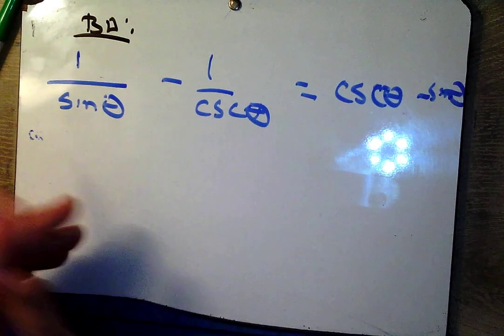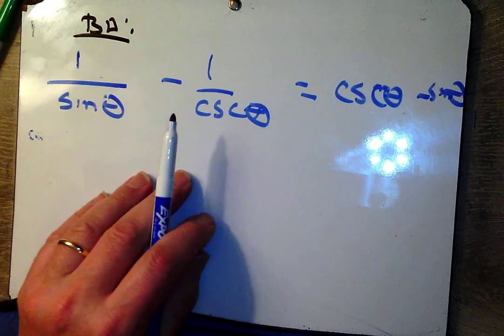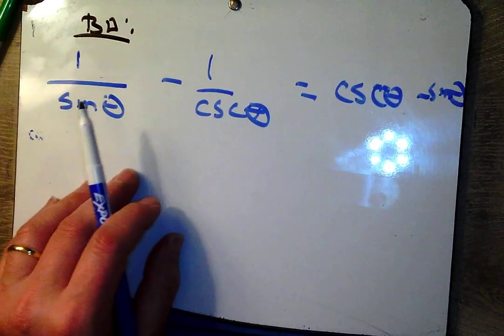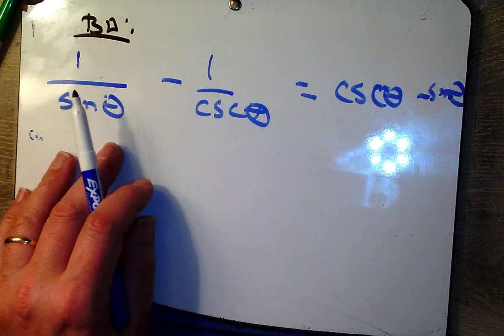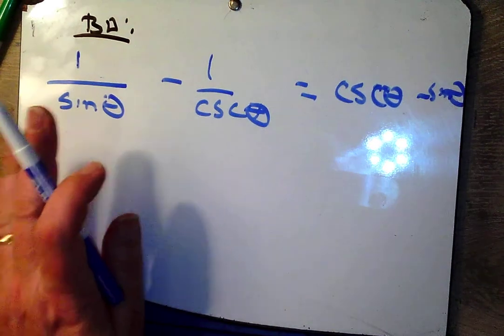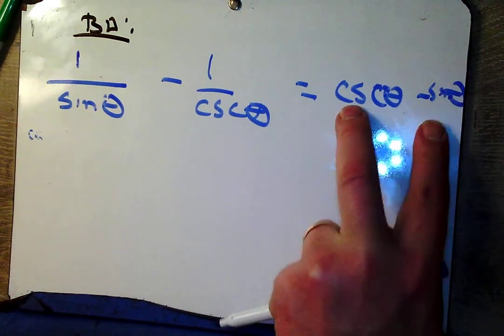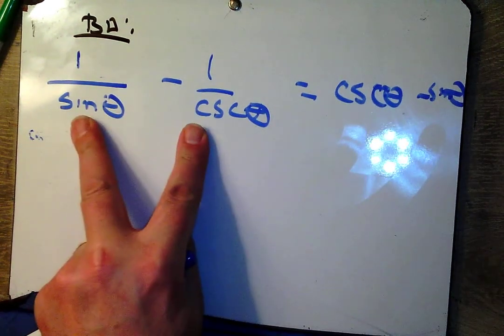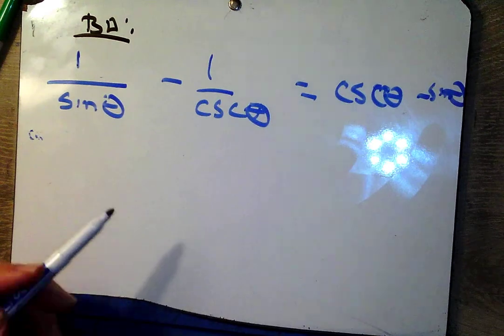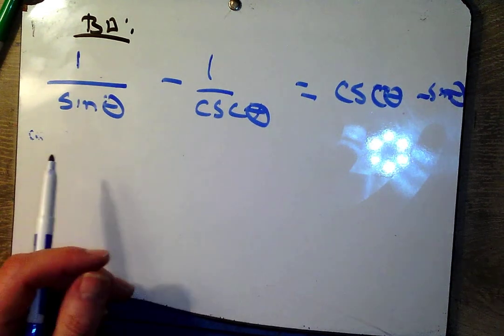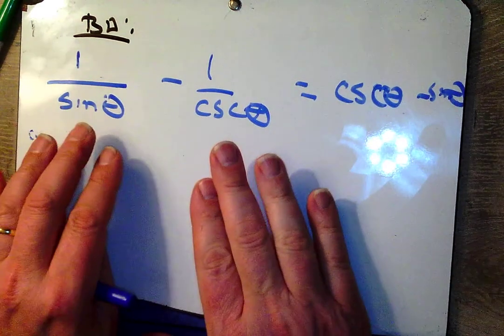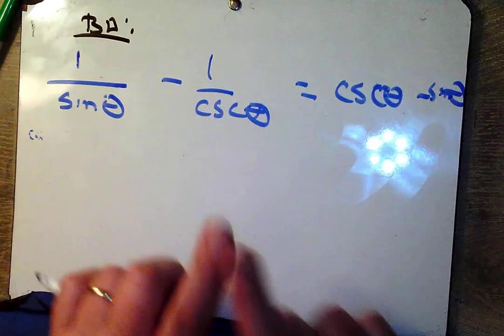We could make a common denominator. But let's just think before we start doing. I've got two terms over here, and I've got two terms over here. So I'm not really keen to make a common denominator, because making a common denominator is what I do when I have two things and I want to turn them into one thing.